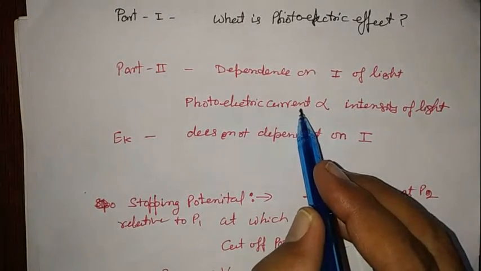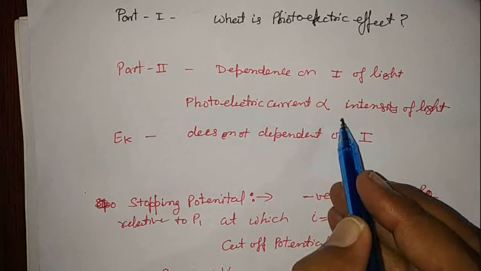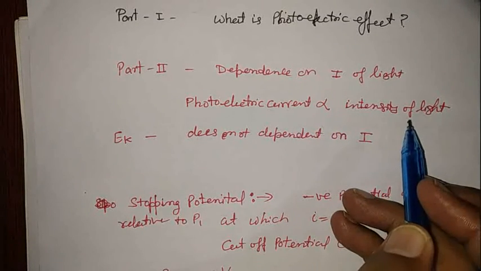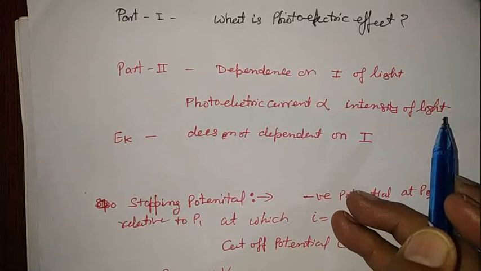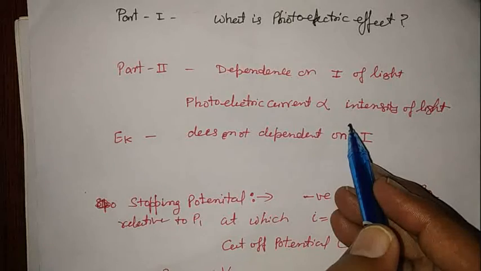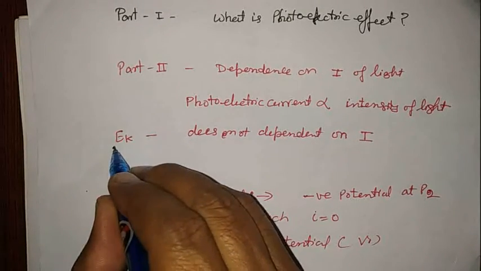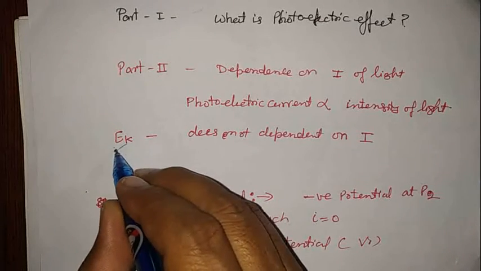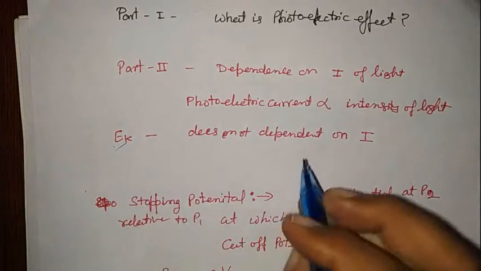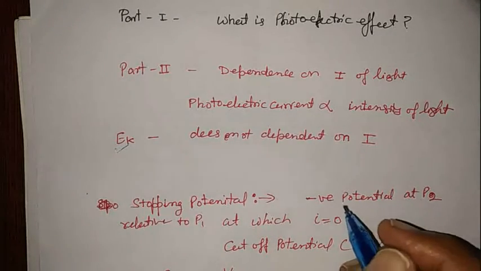We obtained that the photoelectric current is directly proportional to the intensity of light falling on it. One more important conclusion we obtained: EK, the kinetic energy of the fastest photoelectron, is independent of the intensity of light.